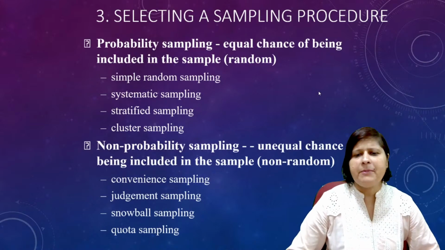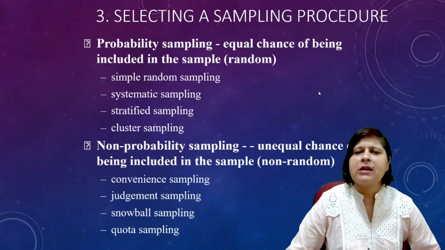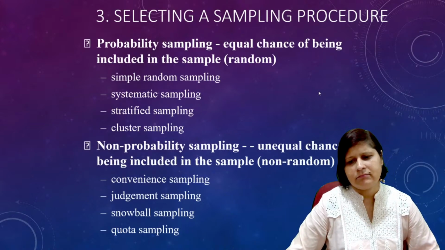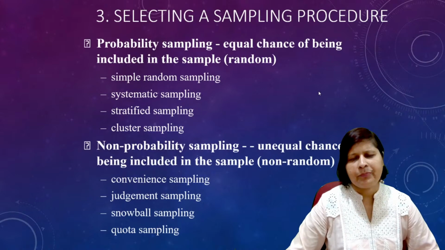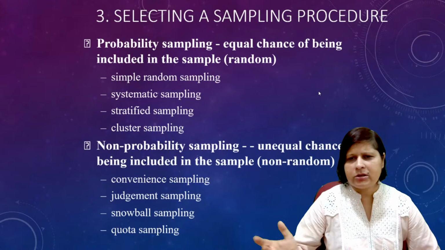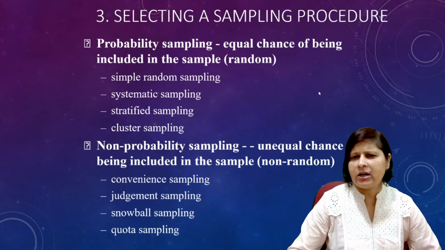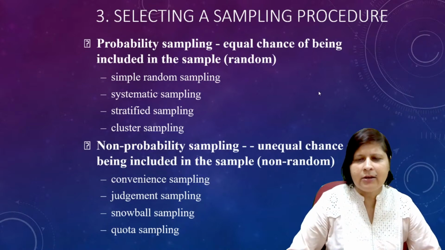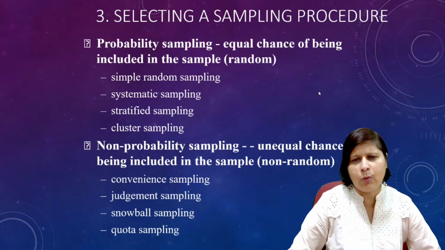While in non-probability sampling, there are unequal chances of being selected as a sample. It is non-random. You could be a sample, maybe, but not so sure. The probability is unequal. The chances are not equal.